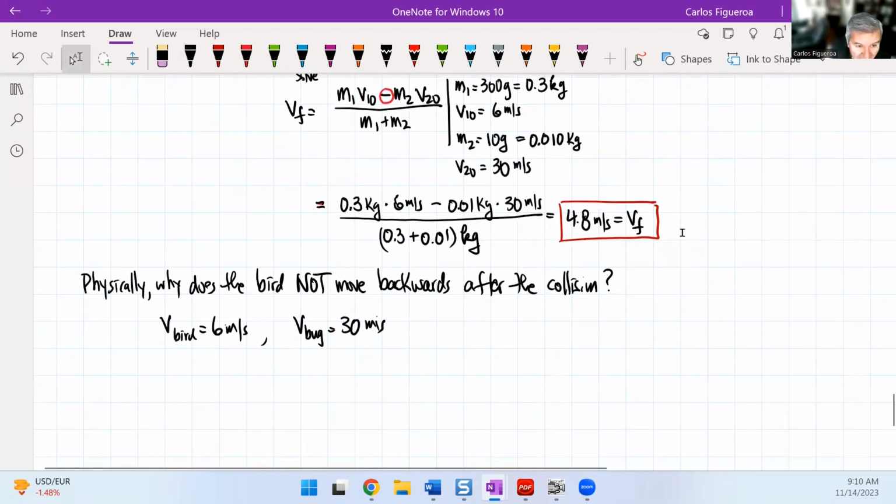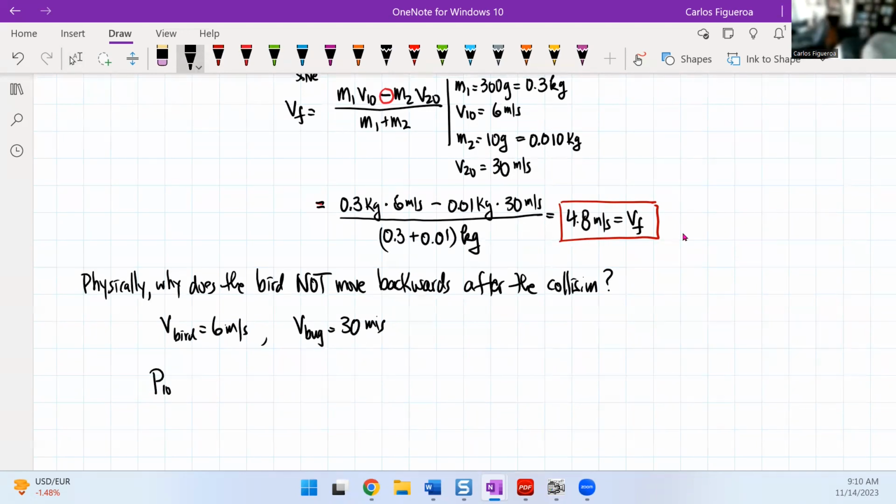But we don't care about speed. We care about momentum. So now let's look at the momentum of the bird. If I calculate this, look at the numbers that I get here. The mass of the bird is 0.3 kilograms times 6 meters a second.